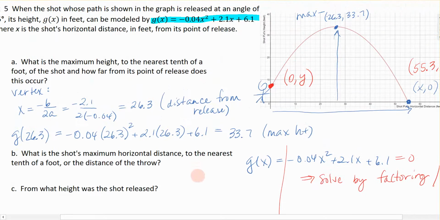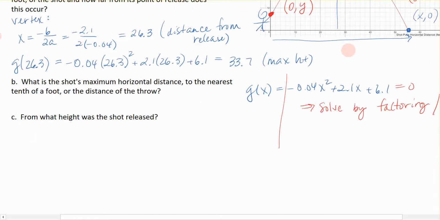So I can plug in 0 for x into my function. In fact, let's look at that. So if I have negative 0.04x squared plus 2.1x plus 6.1 is equal to the y.